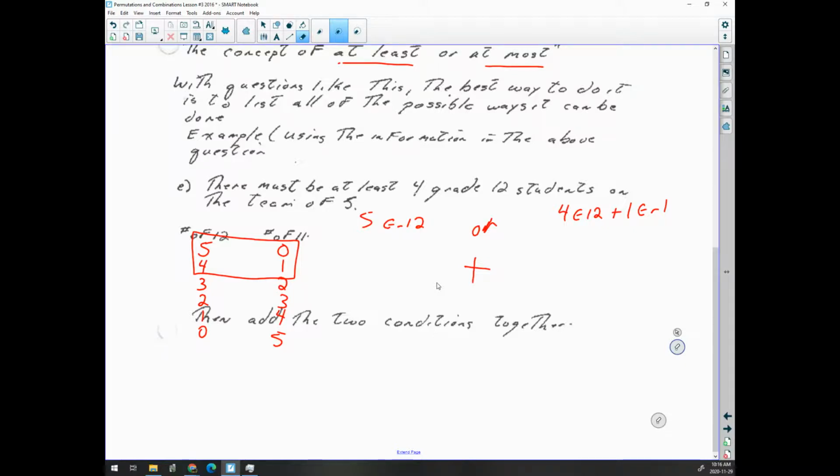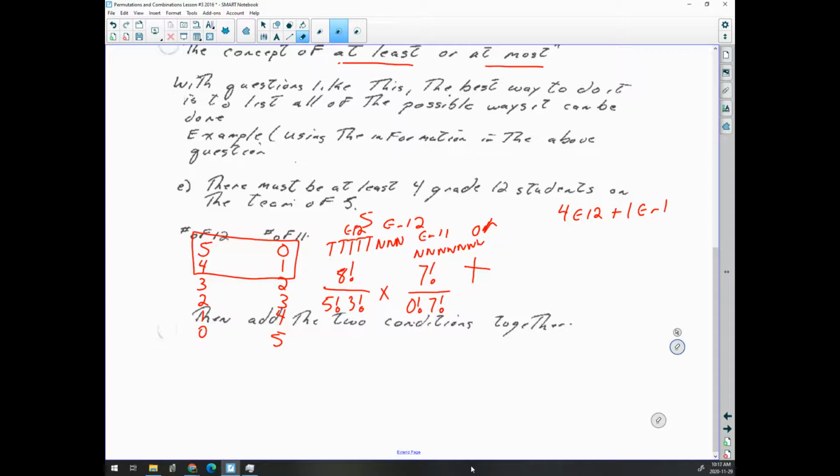So our 5 grade 12s, 5 people on the team, and 3 not. So that's our grade 12s. And our grade 11s, we have nobody on the team, and 7 that are not. So we have our 8 factorial, because we had 8 grade 12s. 5 of them are on the team, 3 of them are not, multiplied by 7 factorial, 7 grade 11s, with nobody on the team, and 7 people not on the team.